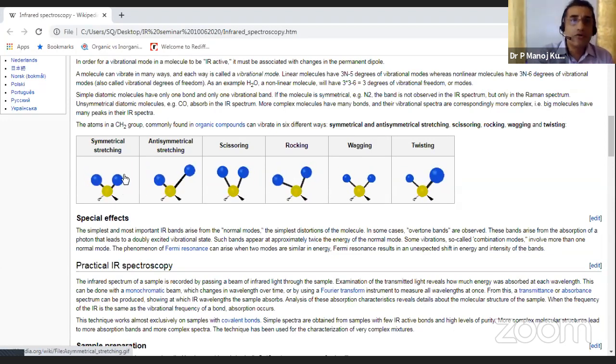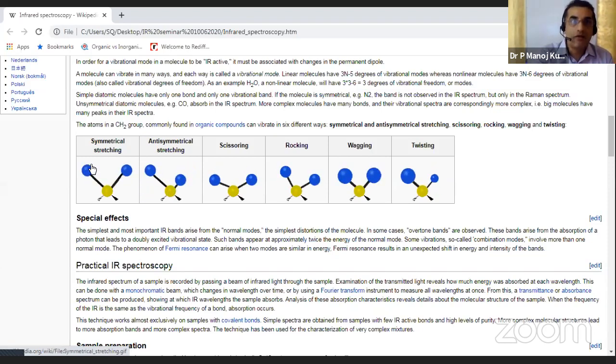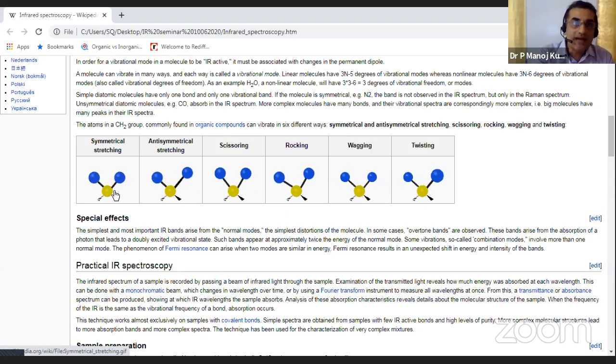What is the difference between these two? You call this in phase. Why? Because the two hydrogen atoms are in phase. Both of them are increasing as well as decreasing their distance simultaneously. Whereas in this case, you call it out of phase stretching vibrations, because one is increasing, another one is decreasing.